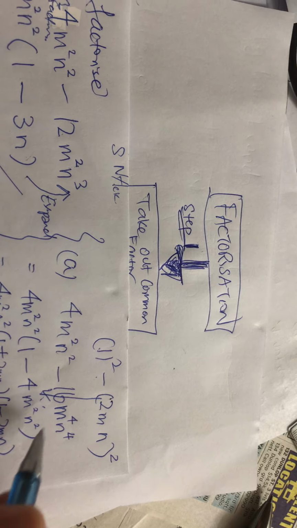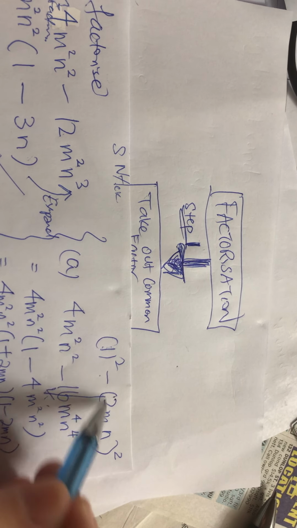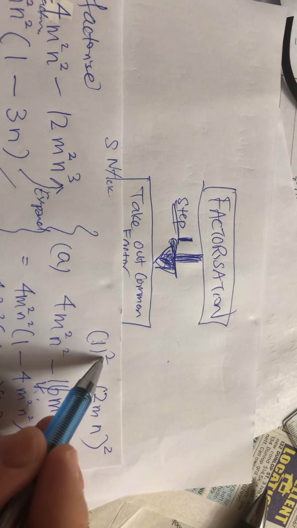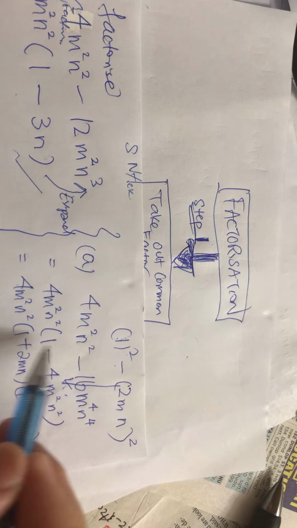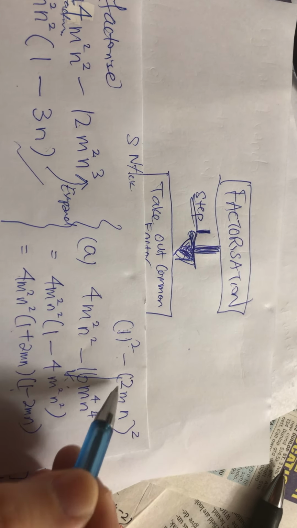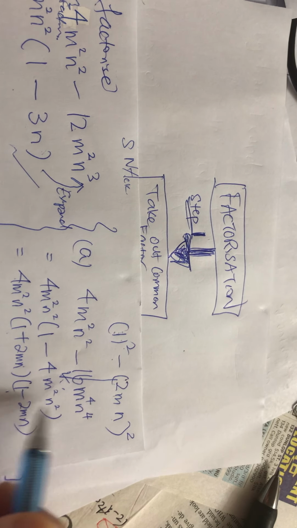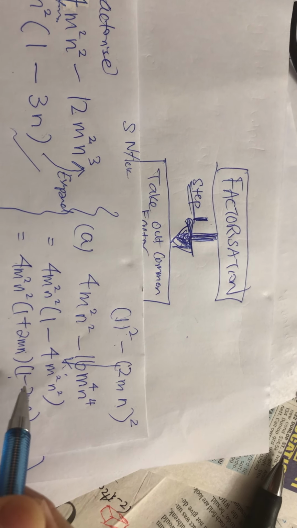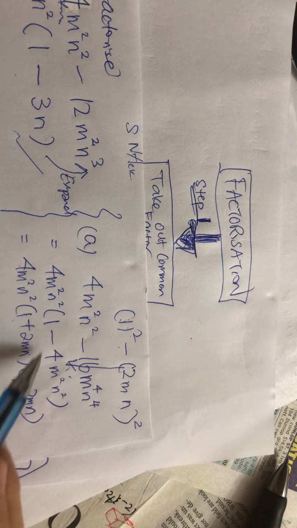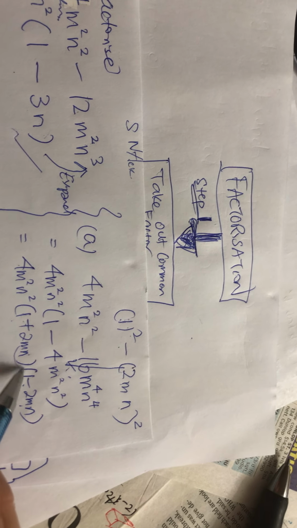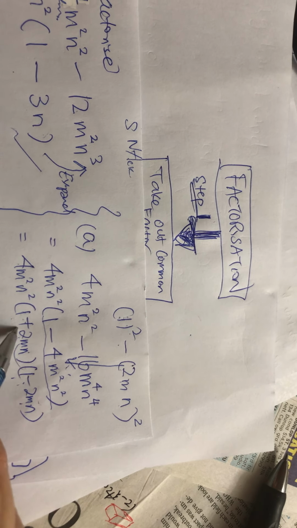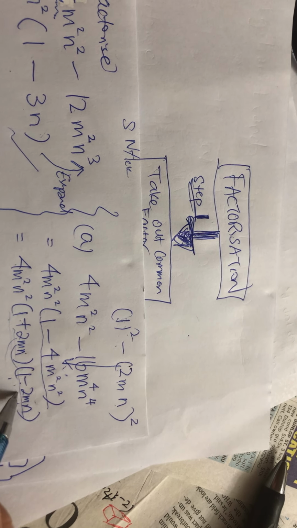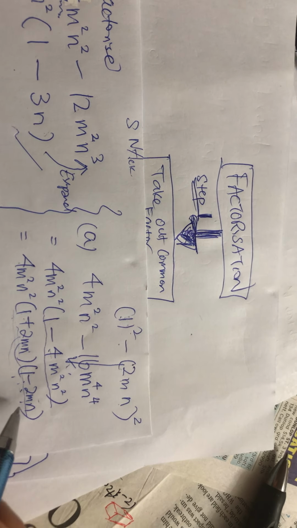So this is what we call a difference of 2 squares. When you can do that, then you can continue to write 1 here, 2mn next, and one of that is a plus, one of that is a minus. If you were to expand this using rainbow method, you will find that you end up with this. So this is the factorized form, and this will be your complete answer.